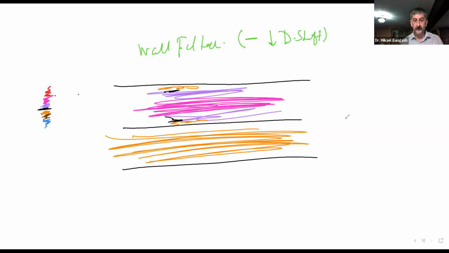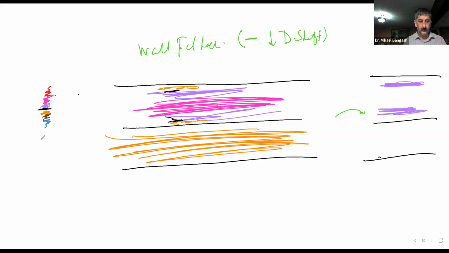That after the wall filter, this vessel may end up appearing like this. We just only have, let's say, this and this, and this. This is the effect of your wall filter.